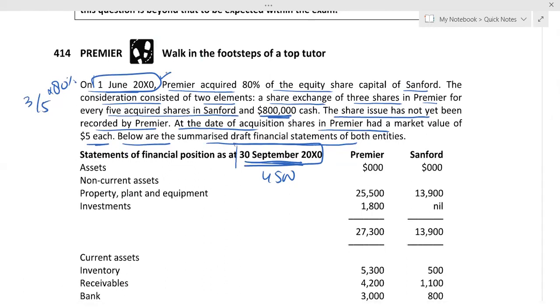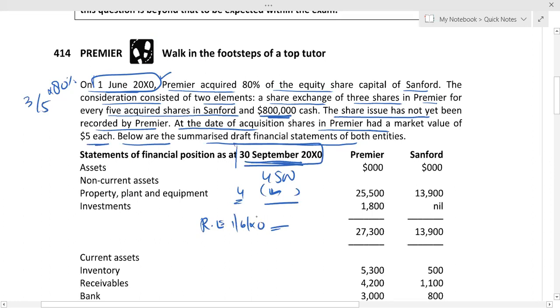If we simply deduct the current year earnings of the 4 months from this retained earning of 4,500, then automatically you will get the retained earning at 1st June X0. We have 4,500 on 30th September X0, but we need the retained earning at acquisition, which means the retained earning 4 months before 30th September X0.